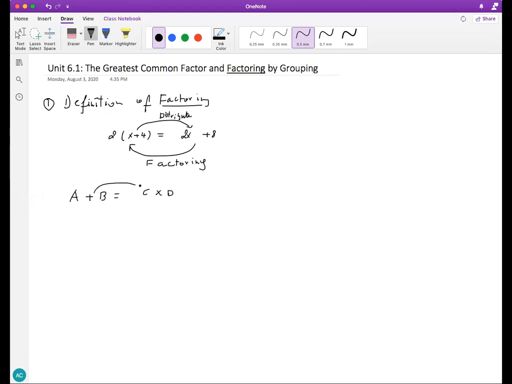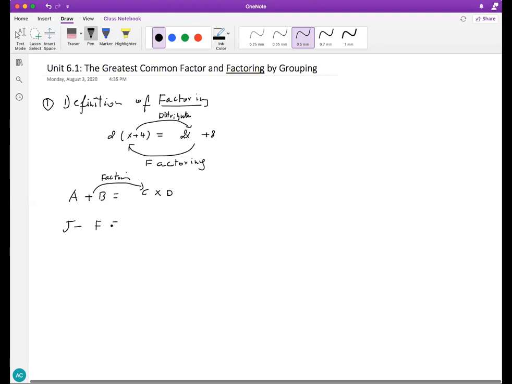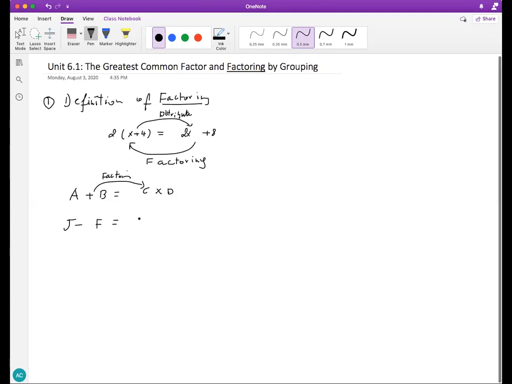So when you go from addition or subtraction to a product of factors, we also call that factoring. It could also be some subtraction. For example, you have j minus f, and somehow you turn that subtraction into some, let's say, k times h. Whenever you take an expression with addition and subtraction, you turn that into a multiplication only, or a product. We call that factoring.